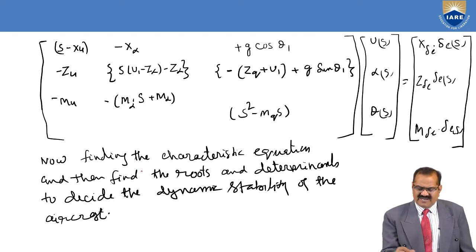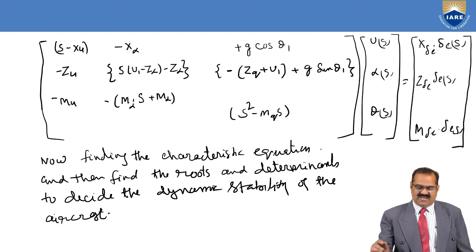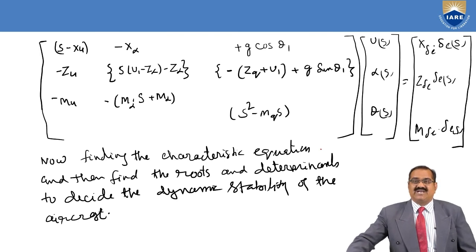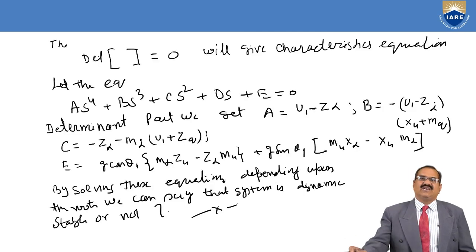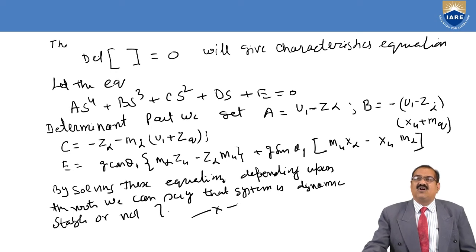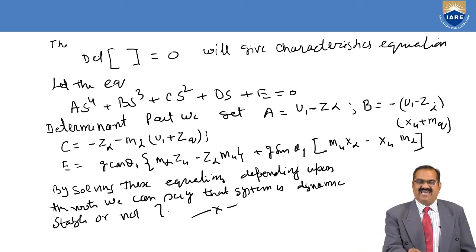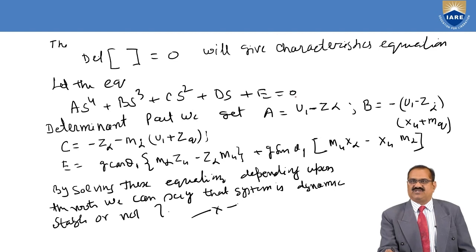So now by finding the characteristic equation and then the roots and determinants, we can decide whether the aircraft is dynamically stable or not. If we take the determinant and make it 0, we get the characteristic equation: A s to the power 4 plus B s to the power 3 plus C s square plus D s plus E is equal to 0.